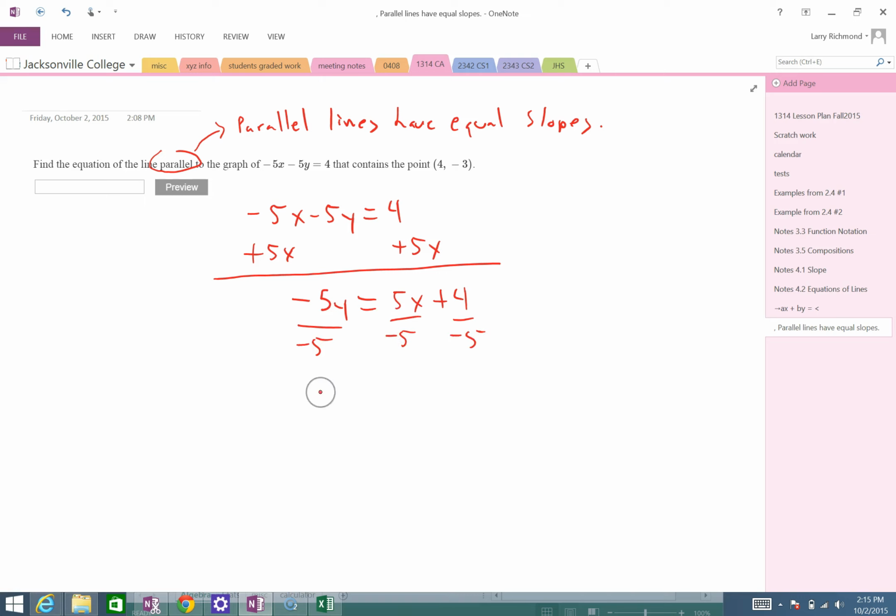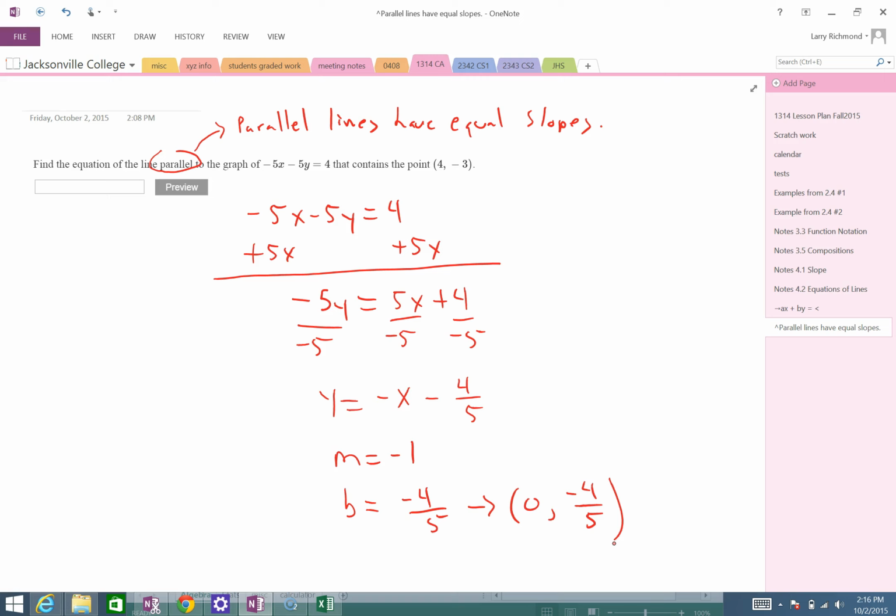This divides and leaves y. Negative 5 divided by negative 5 is a negative 1x. 4 divided by negative 5 is a minus 4/5. Alright, so my slope here, slope is the coefficient of x. Slope is negative 1. My y-intercept is a negative 4/5. This corresponds to the point 0, negative 4/5.